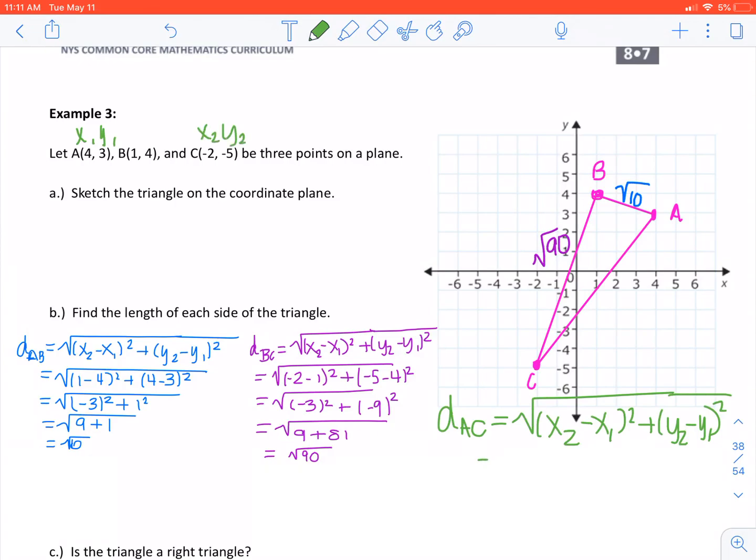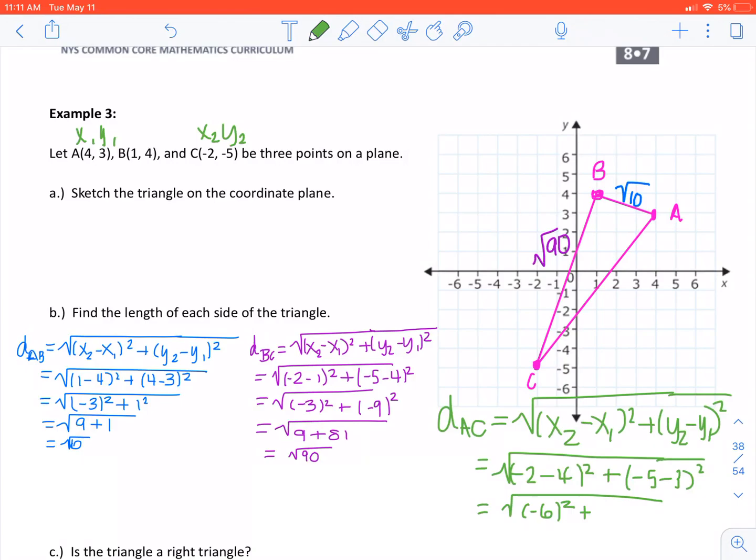All right, so let's replace our variables. x2 is -2. x1 is 4. y2 is -5 minus 3. Let's do some subtraction. So -2 minus 4 would be -6.